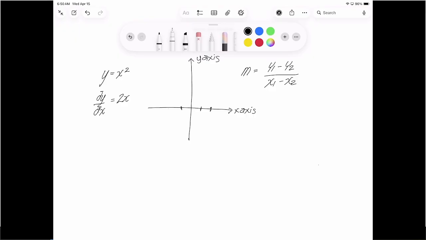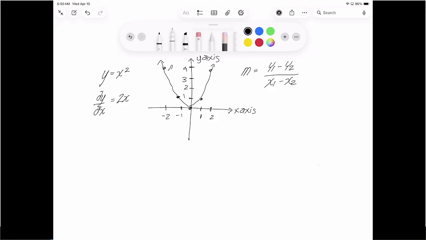For 0 it's 0, for 1 it's 1, for 2 it's 4, for -1 it's 1, -2 it's 4. So it's a parabola that's going upwards.